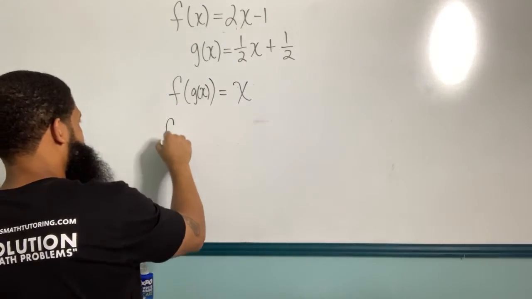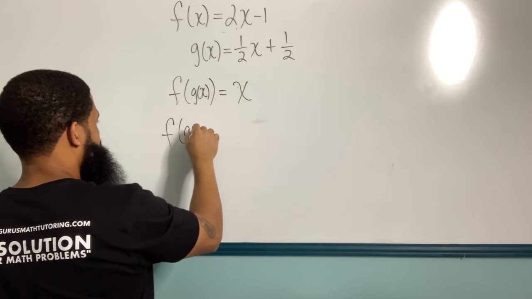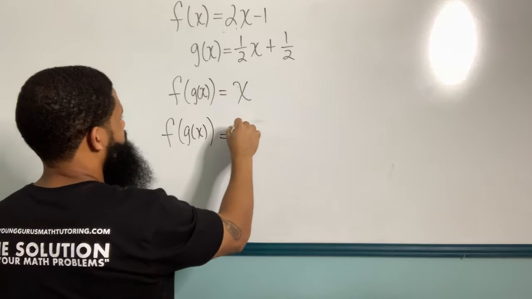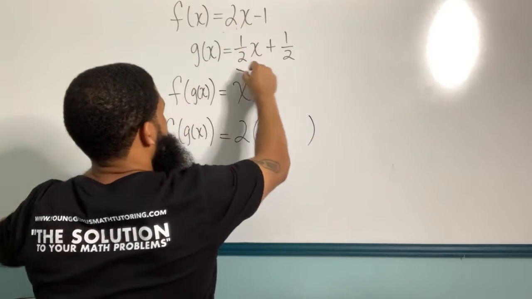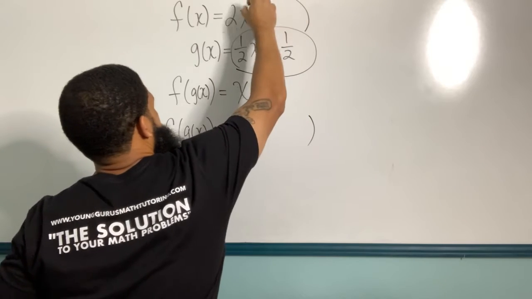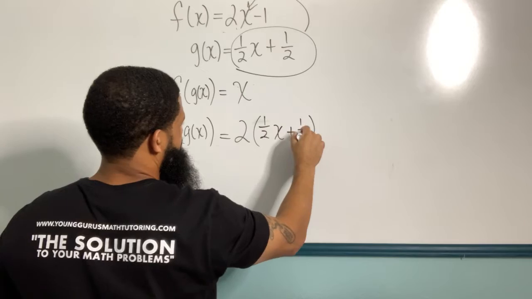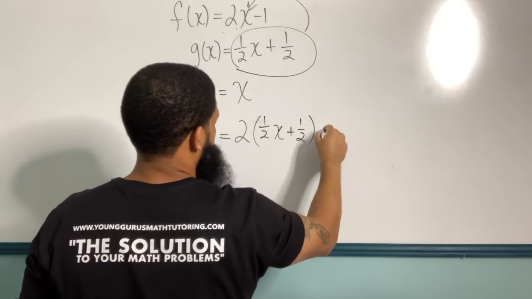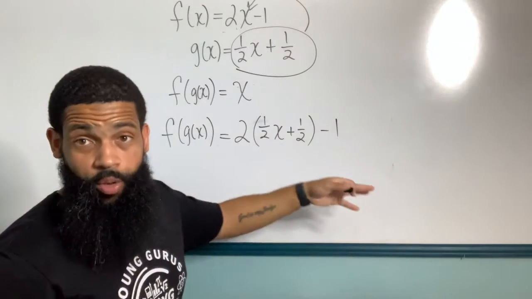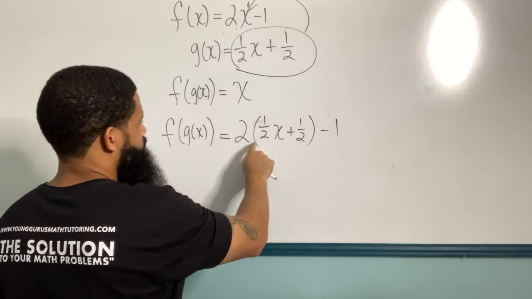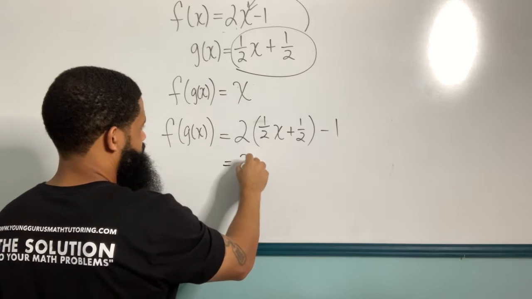So let's find f of g of x. Well, f of g of x is going to be 2 times, remember I need to substitute this here for that x, so 1/2 x plus 1/2, and then put that minus 1. Now just simplify. First of all, I want to use the distributive property. 2 times 1/2 x is just x.